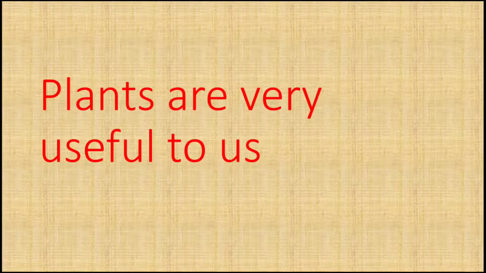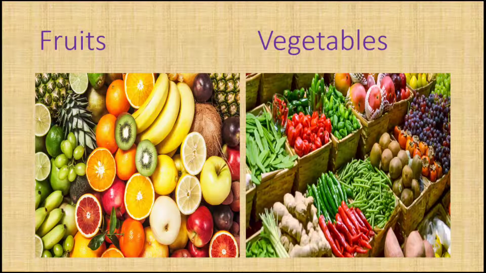They give us many things. So we begin with fruits and vegetables. Plants provide us with variety of fruits. Look in the picture. Different types of fruits we get from plants.